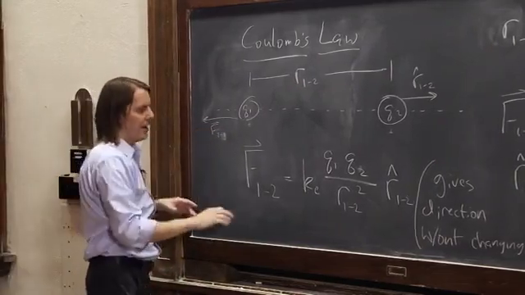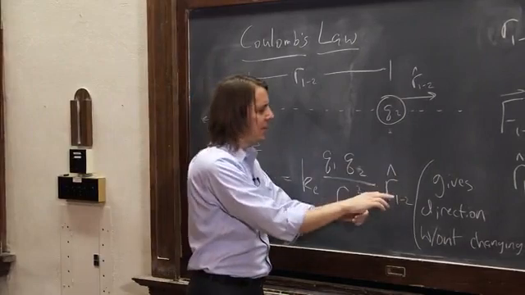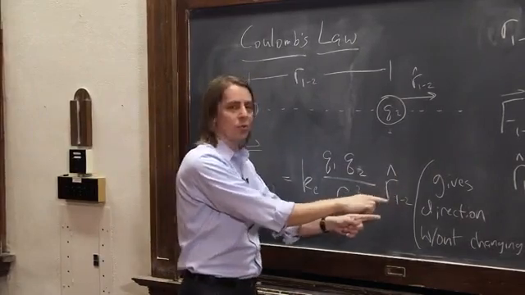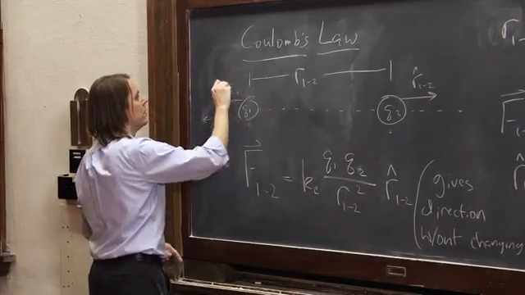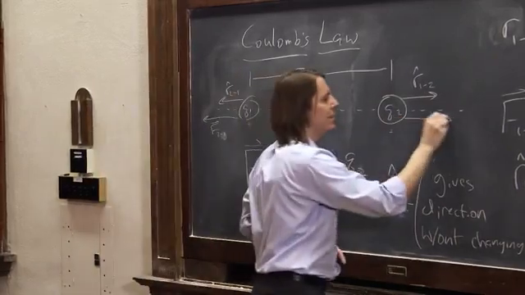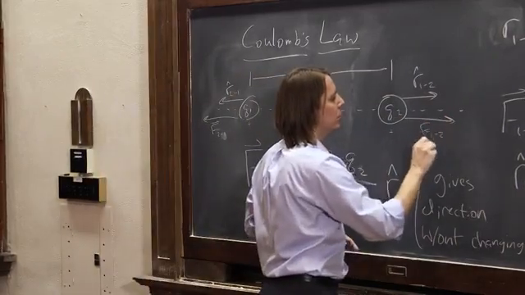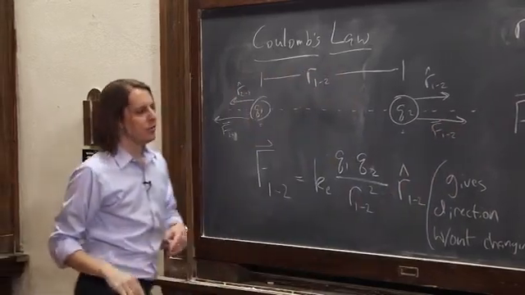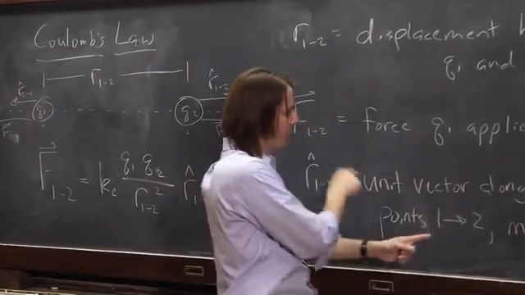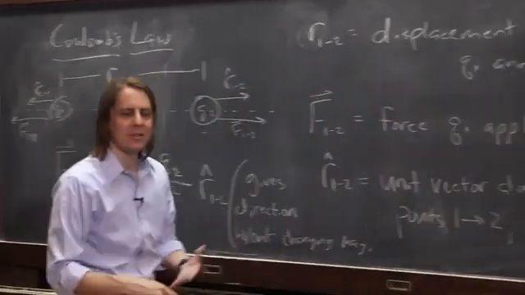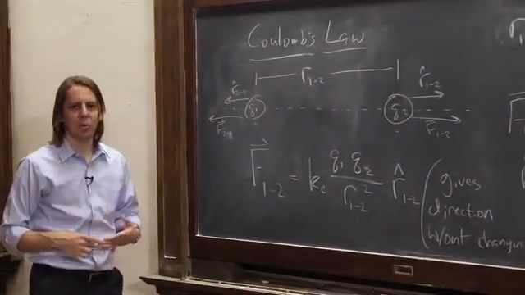And you plug in all the numbers, everything's positive, but then the unit vector would also be R hat 21. Right? So also the unit vector is in the right way. And here, if I were to draw F, it'd be F12. So the way we're defining this unit vector, that it's along the axis, it points from the first number to the second number, makes the repulsive aspect work out.